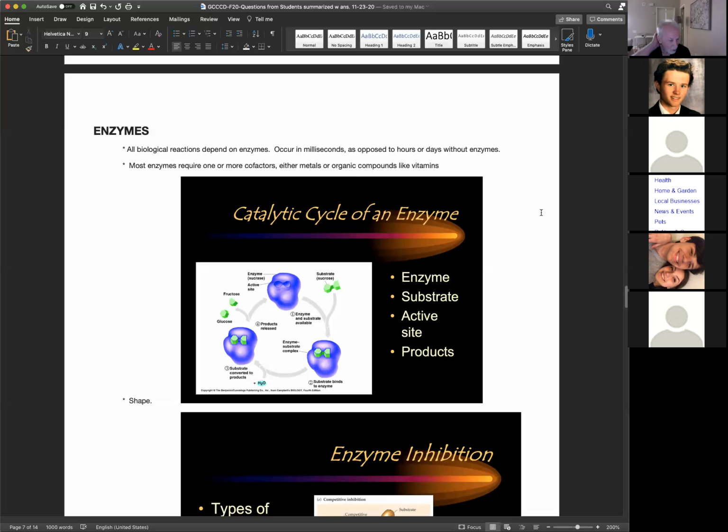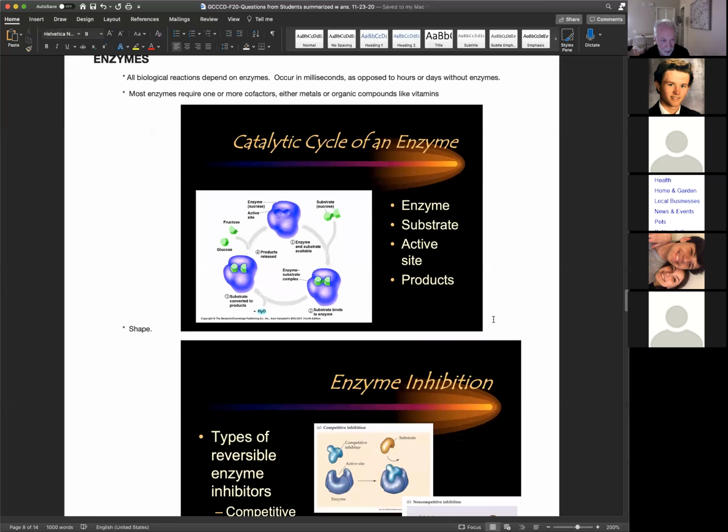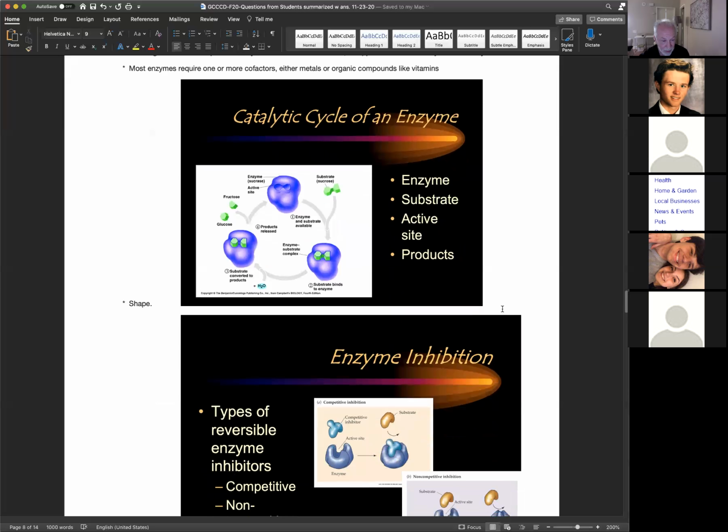So sucrose has to fit into the shape of the enzyme. If it doesn't, the reaction doesn't work. So the important point is shape is critical. I didn't put it in here, but the lock and key analogy is appropriate when you think about shape.